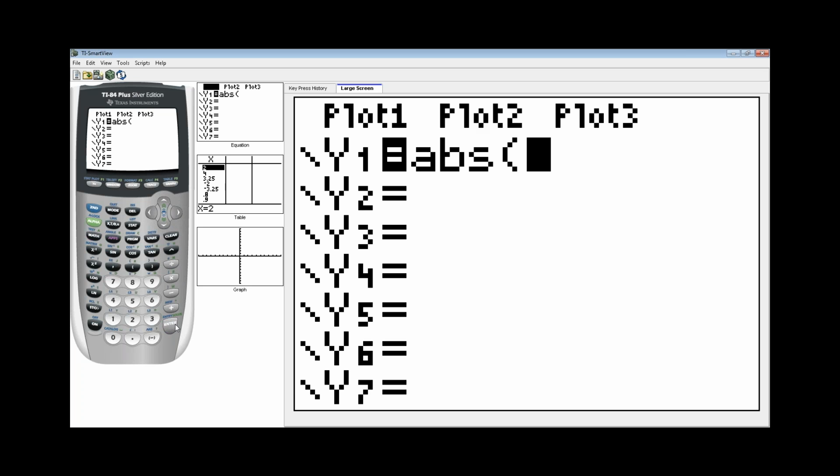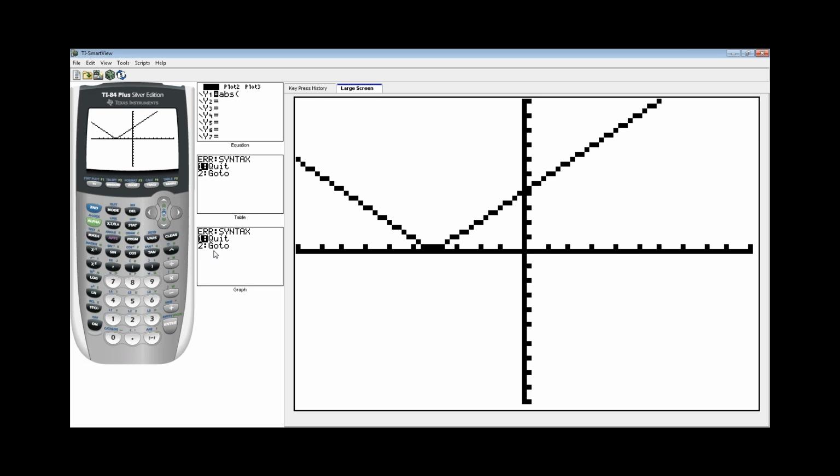So let's say I want to graph the absolute value of x plus 4. So x plus 4 is in the absolute value lines. So I would say x plus 4, for example, and close my parentheses. And so there it is.